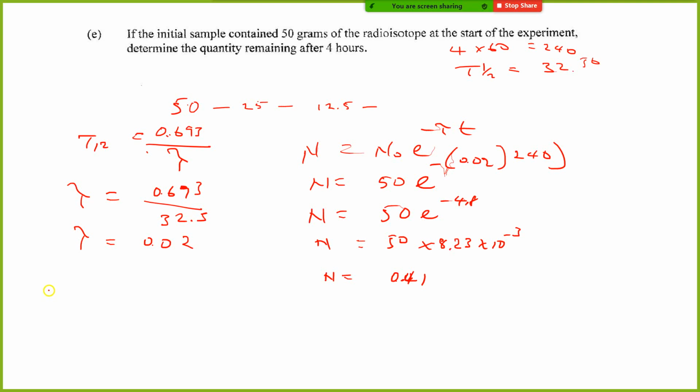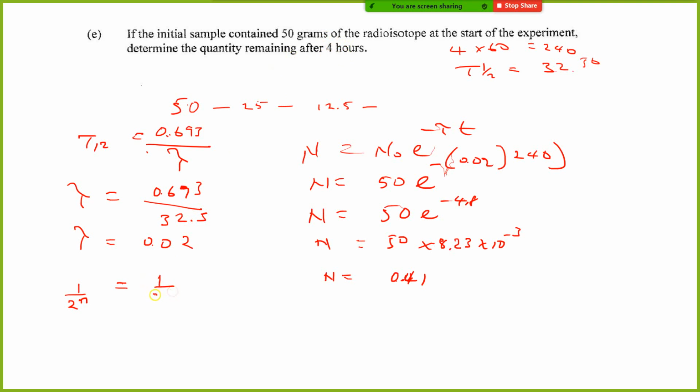There's a formula here for fraction remaining: half, or 1 divided by 2 raised to the n. This n tells us the number of half-lives, because we found out a while ago that with this particular substance, within 4 hours, it would have 8 half-lives.